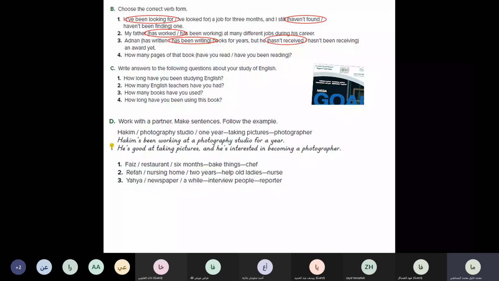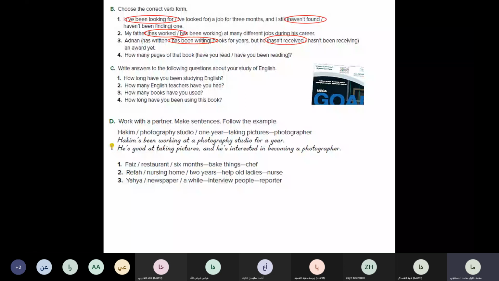Any award about numbers? How many awards has he received? None. Good. So we use what? The present perfect with numbers. Good. Have you read?